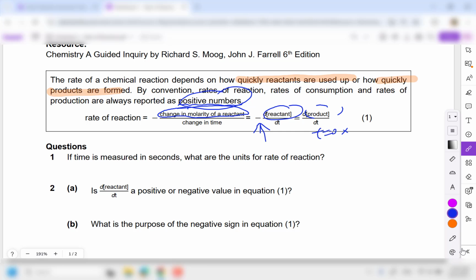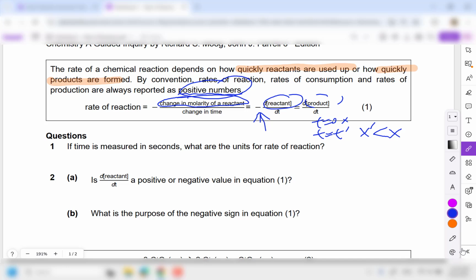After some time, let's say at t equals t prime, the new X prime will be less than X. So the change in the concentration will inevitably be a negative number. Therefore, you need the negative sign to negate the calculation so that you end up with a positive number. I think this is being asked in question 2.